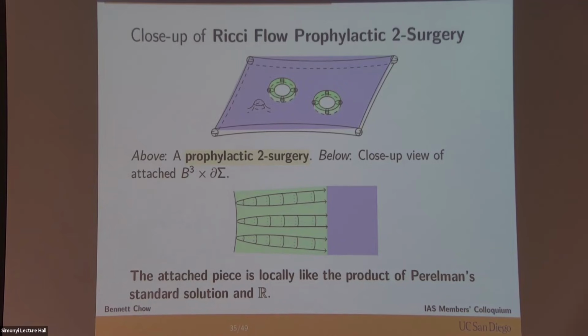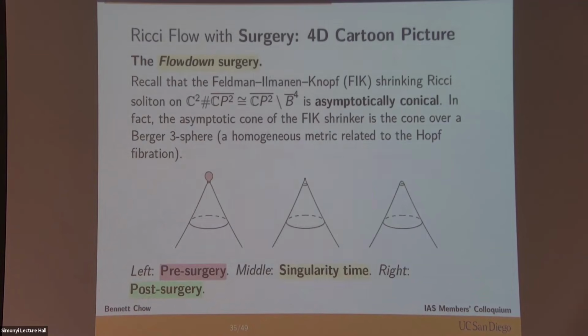It's kind of preventing things from happening. If you had something like a Feldman, Ilmanen, and Knopf singularity formation, basically there's a surgery that does a blowdown, a smooth blowdown. We'll just call that the Ricci flow flowdown. I think that terminology is due to Feldman, Ilmanen, and Knopf. The idea is that you can imagine a Ricci flow where under a microscope it's looking more like this FIK shrinker.